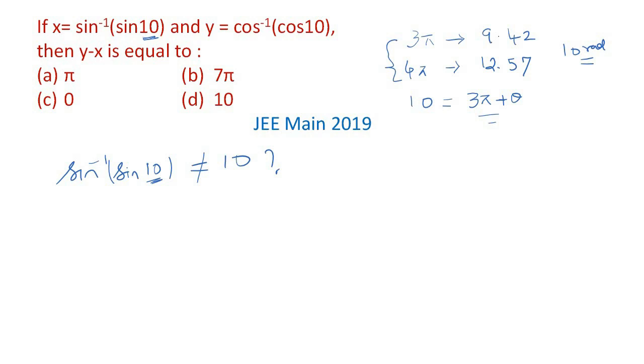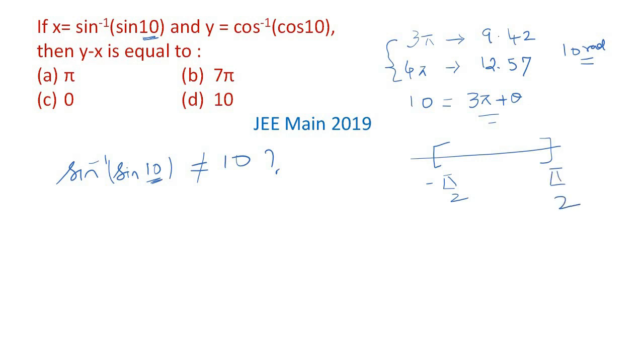If you want to find the inverse of the sine function, the domain of the sine function should be restricted. The principal branch says the restricted domain should be minus pi by 2 to plus pi by 2. In the number line, let's say this is minus pi by 2 and plus pi by 2. This is the restricted domain.